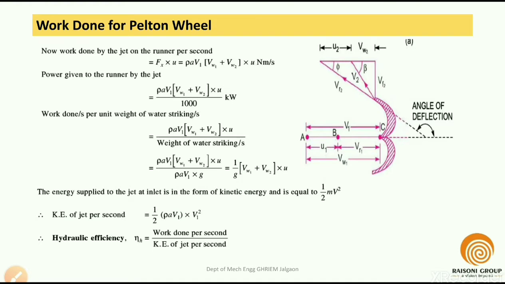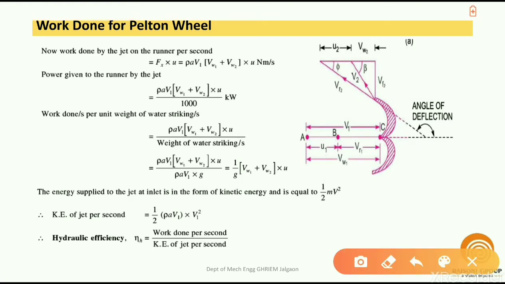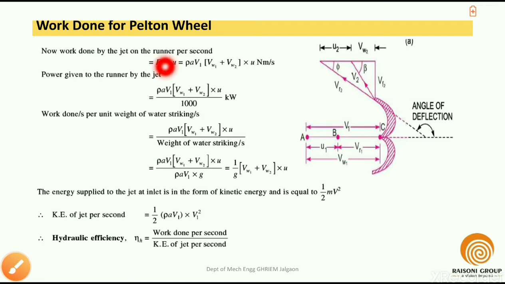Hence the expression for the work done will be force multiplied by displacement. The force is Fx, and the displacement is small u.